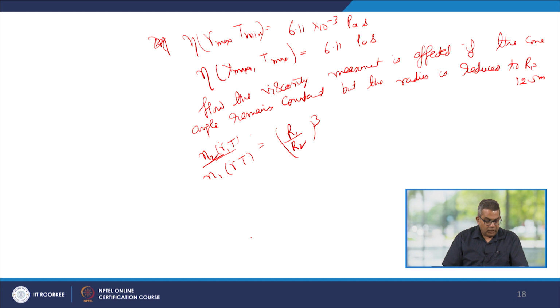So finally, we can evaluate how the viscosity measurement is affected when the radius remains constant but the cone angle is reduced to theta 1 is equal to 3 degree.